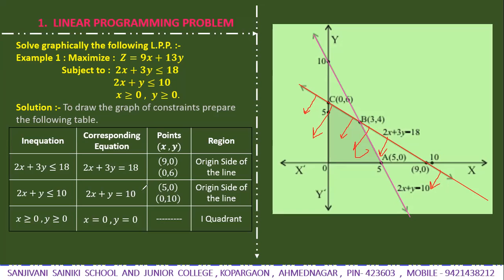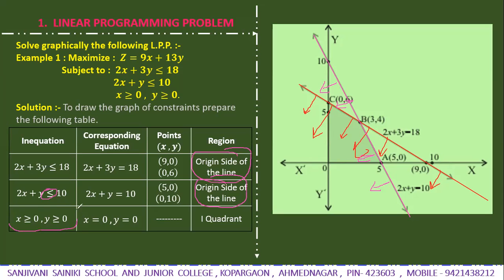Again, here it is less than or equal to, so the origin satisfies this inequality: 0 plus 0 is less than or equal to 10. This part lies below this line. So the region is the origin side of the line. Here also it is the origin side of the line.